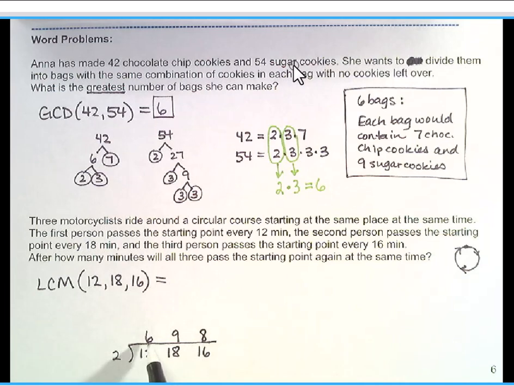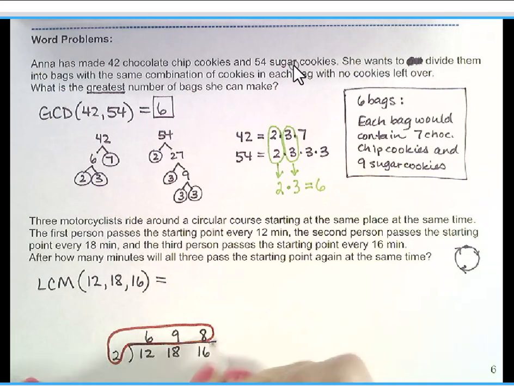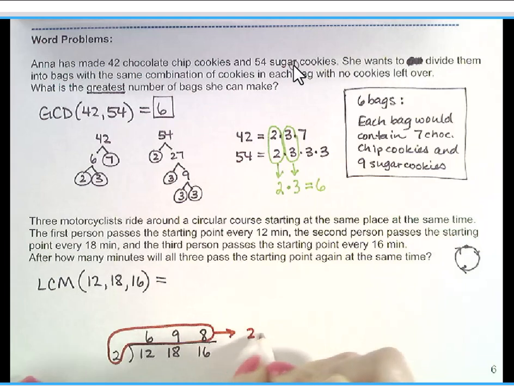Is there a number that will divide into 6, 9, and 8? No, I mean 2 will go into 6 and 8, and 3 goes into 6 and 9, but there's not one that goes into all of them. So it turns out that if you hook like an L shape, that's how you get your LCM. So you do 2 times 6 times 9 times 8.